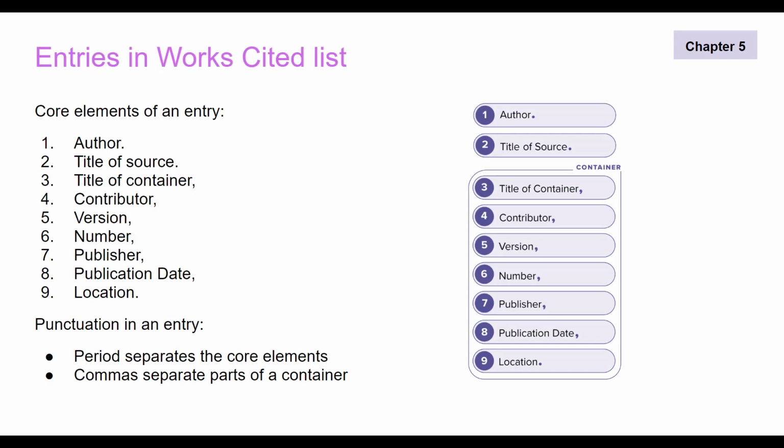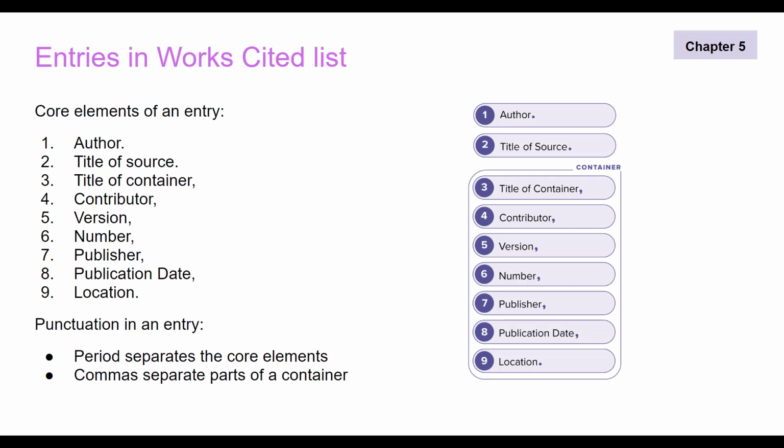All right, so in-text citations, fairly simple. Entries in a works cited list, this is where MLA gets a little bit more complicated. There are three main core elements. I know there's 9 listed here, but if you look at the actual diagram that I took from the MLA site, you'll notice that it separates out author and then the title of the source.